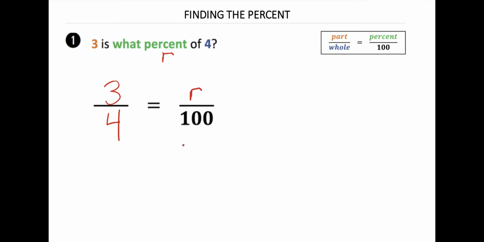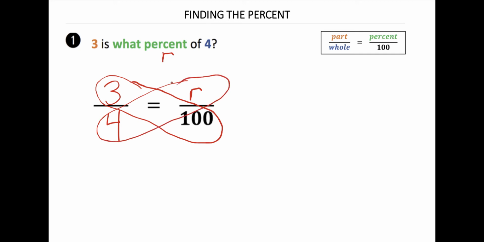That's the unknown. Now using the butterfly method, we can go ahead and multiply each numerator, so these are the numerators, right, with the other fraction's denominator. So 3 will be multiplied with 100. So let's circle this. We'll start to make our butterfly here. And then 4 will be multiplied with r, so let's circle that as well.